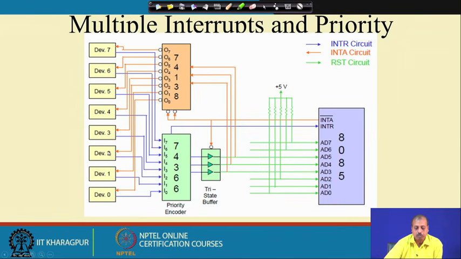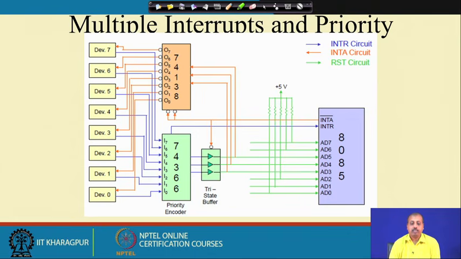Suppose device 2 is the highest priority device that had raised the interrupt, then you will get the pattern 0 1 0, and upon getting 0 1 0 here, this O2 line will be 0 and the rest of the lines will be 1. So, O2 line being 0, it will come to device 2. Device 2 sees it as an interrupt acknowledgement line, as if the interrupt acknowledgement line has been passed to it. So, it can accordingly reset the interrupt line and do the rest of the things.